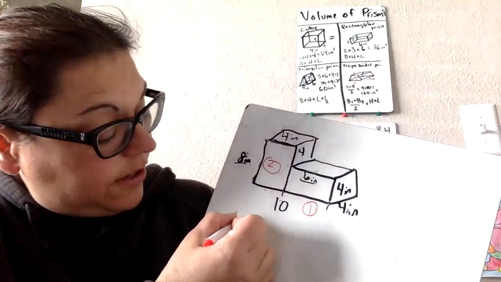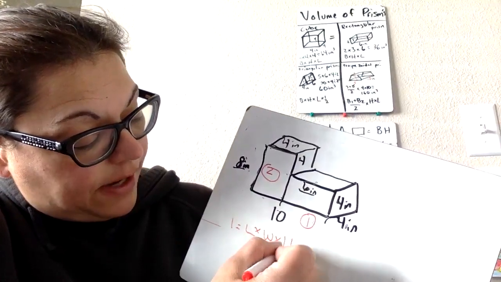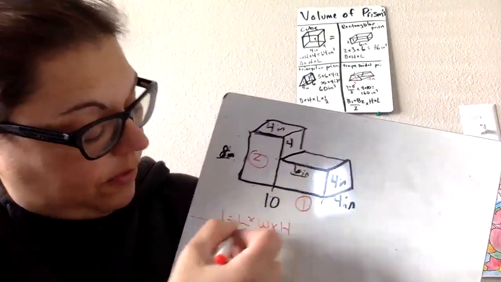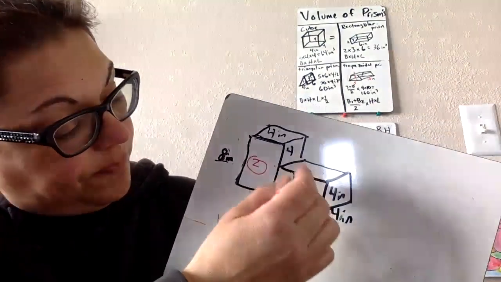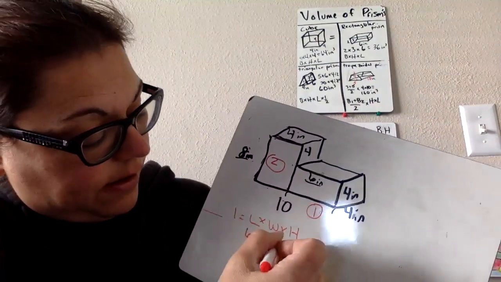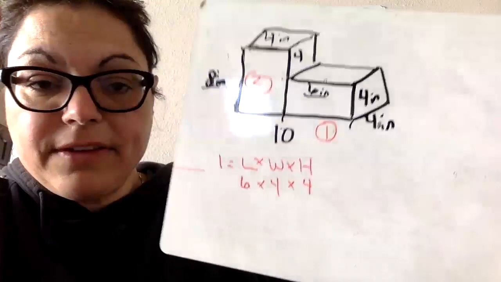The volume of 1, we know it's length times width times height, right? From here to here, we have 6, my height is 4, and my width is 4. Everybody see how I got that?